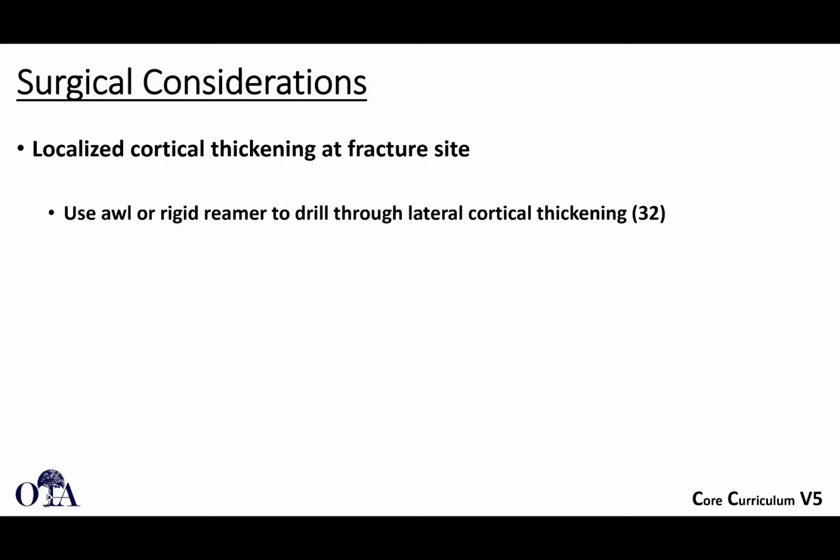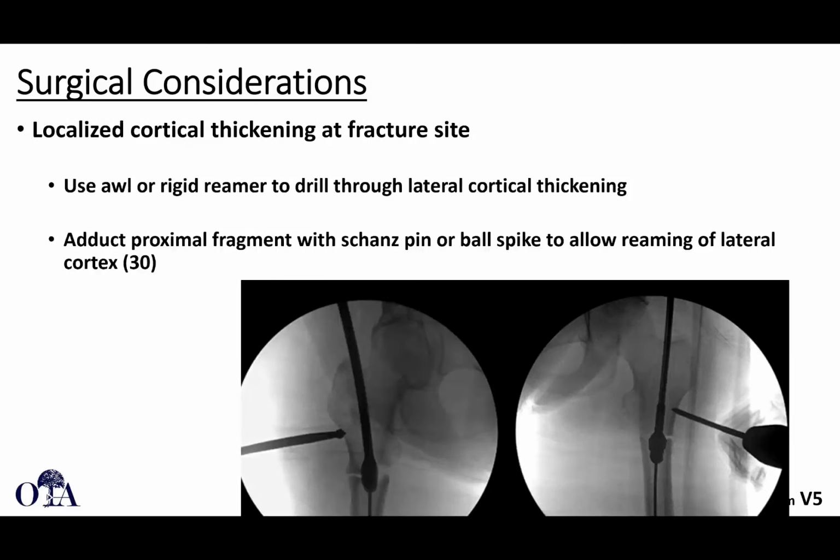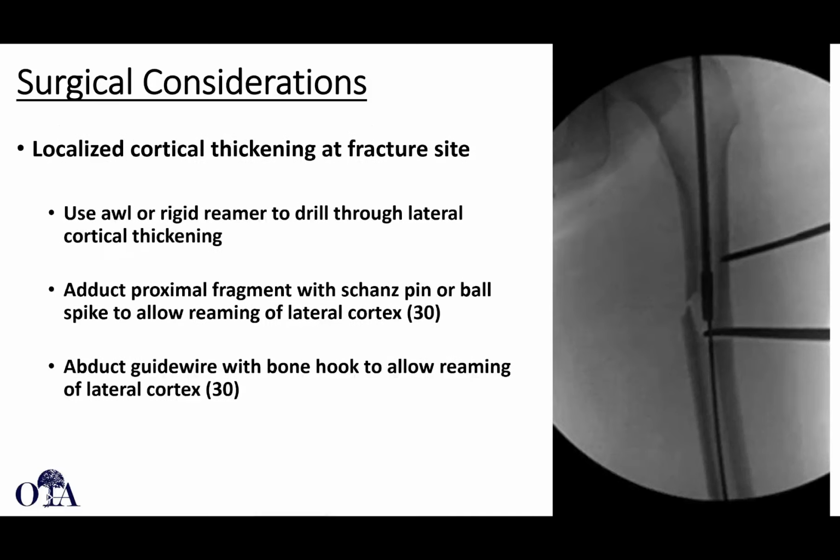So you may need to use the awl or a T-handle or rigid reamer to get through that lateral cortical thickening. You may need to also do additional measures to make sure you don't end up in varus. Here you can see a unicortical Schanz pin, ball spike pusher to make sure that you're not only reaming medially.